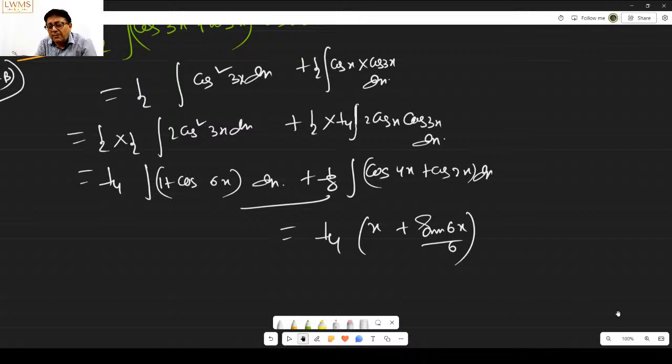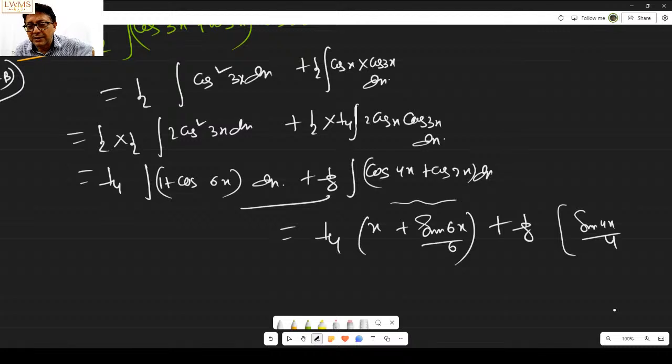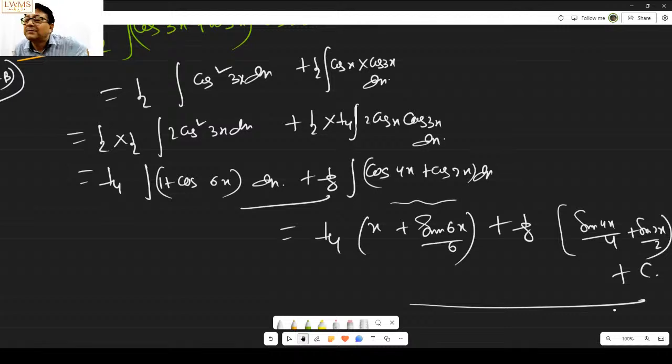Just take the second set of formula, it's like that. And here 1 by 8 cos 4x will be sin 2x by 2 plus c. Clear? Hope you have understood.